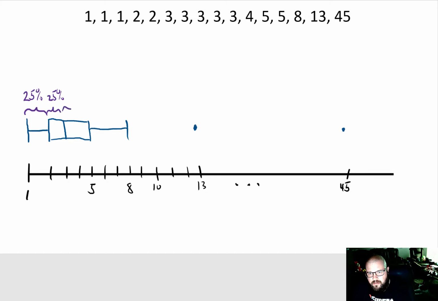From the median to Q3, 25%. And the last quarter of data is going to fall between Q3 and the max at 25%. And that is how it's always going to be with doing your 5-number summary.